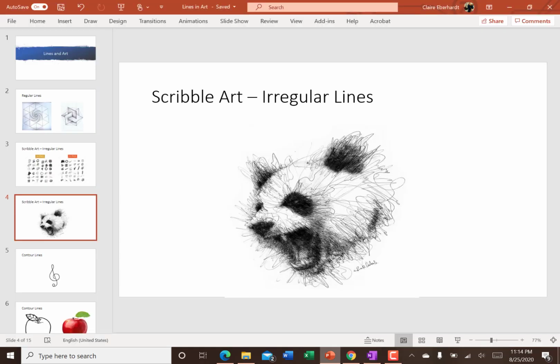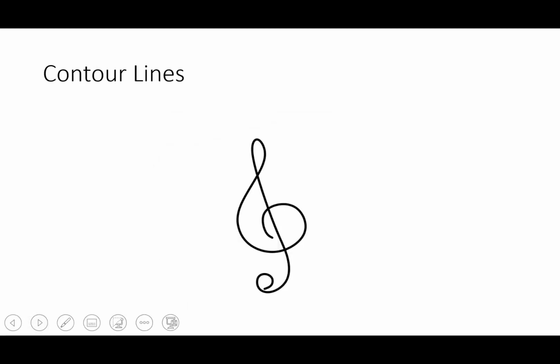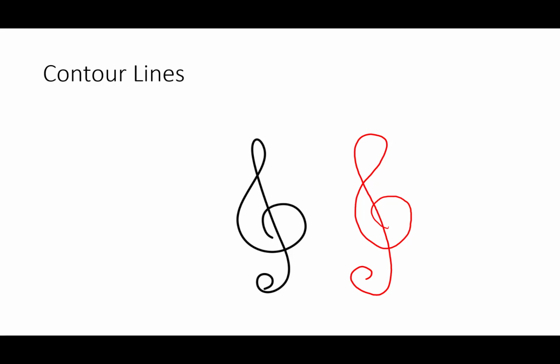So let's take a look at that. Right here in a simple example, a music note, right? It's just the line, and this could be done in a continuous contour line, or I mean, this one definitely is because you don't see a break.